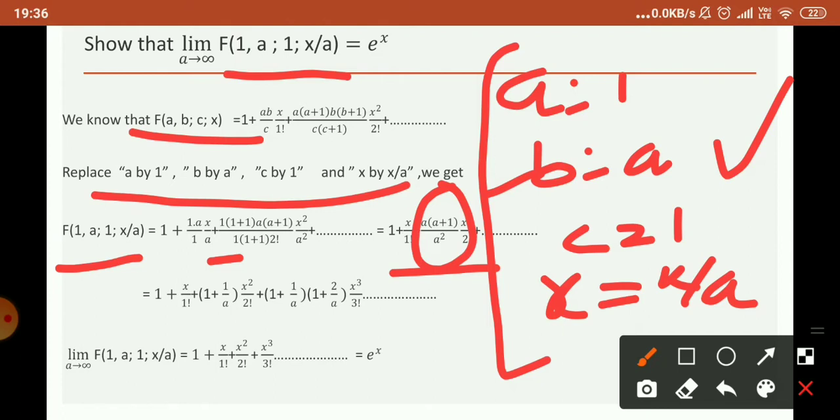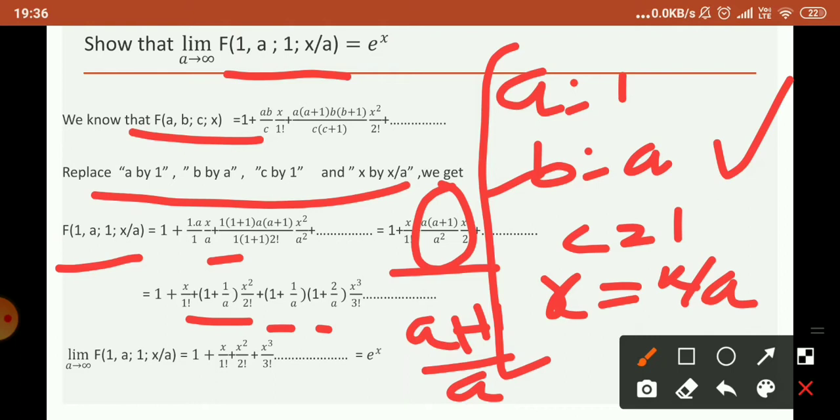One a below a will be 1 and the other a will be written like this, (a plus 1) upon a. So when you separate this under both the terms, it will be 1 plus 1 upon a, like this. Similarly, the other terms by symmetry we have written. So this is what this is.